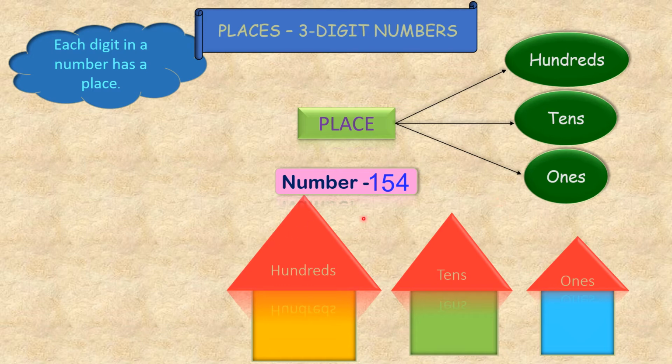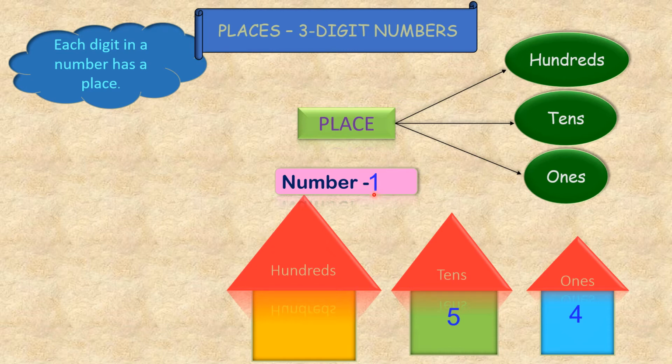Now, number 154 should be put in the proper houses. We need to put each digit in its respective house. Always the rightmost digit will go to ones house. And before 4, in the next place, we have 5, which goes in tens house.